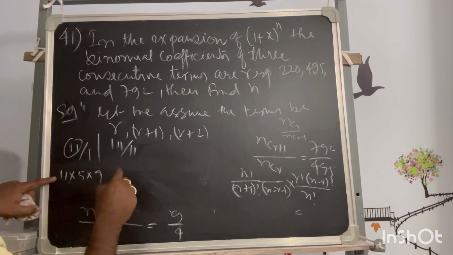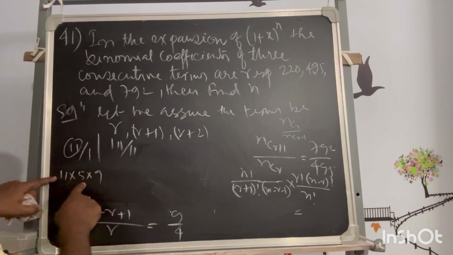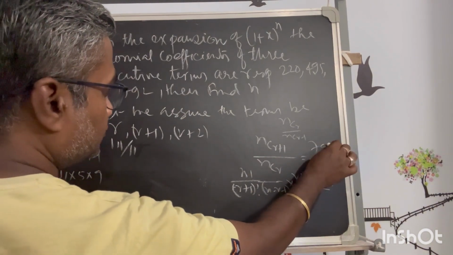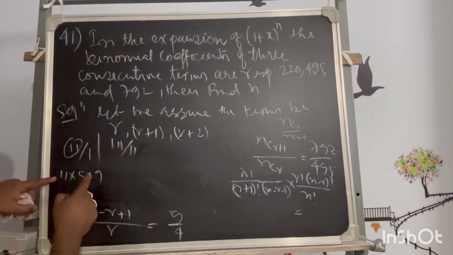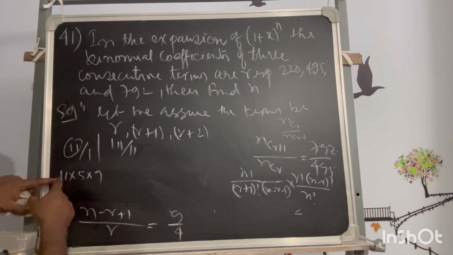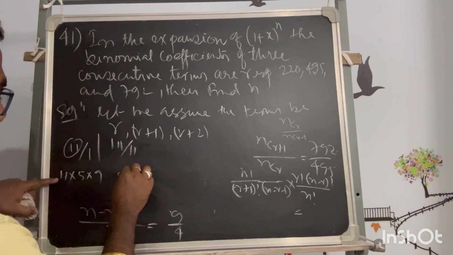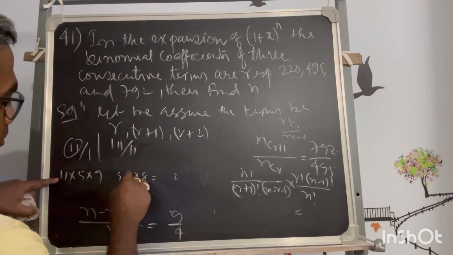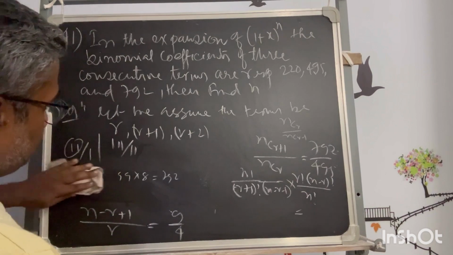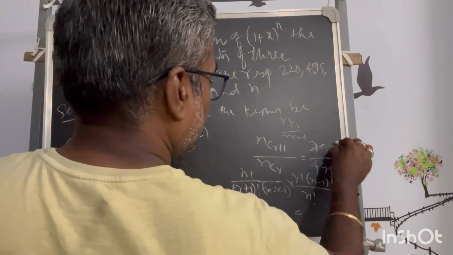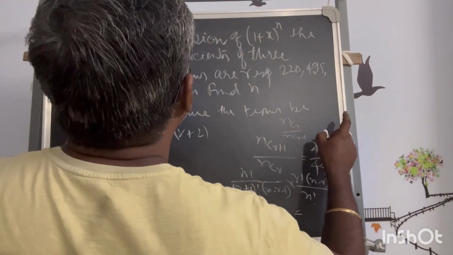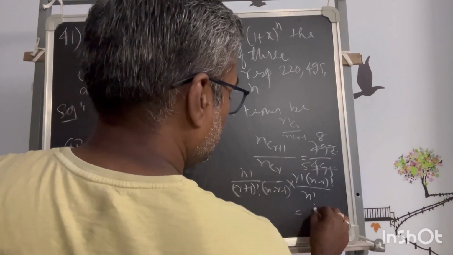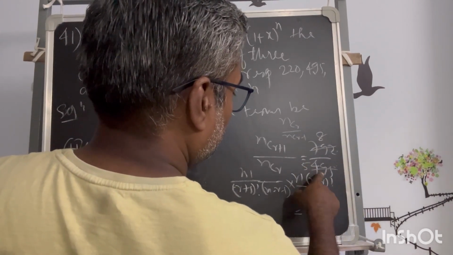For 792, 55 will not be a factor because this has 2 at the end. So what could be the possibility if I club with this 2? 99, if I multiply with 8 into 7, yes, this is coming. So with the 99 it will be 8, and this will be 99.